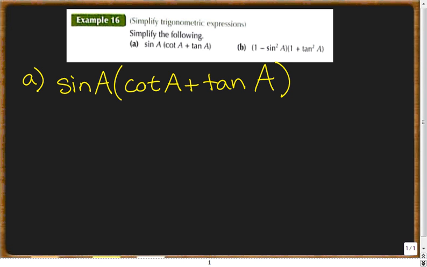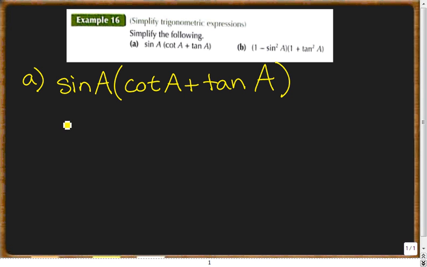So what I'm going to choose to do is simplify this at first by turning these two terms into one by adding them together. Well, cotangent and tangent, we don't know what their sum is. So one thing you can always think to do is convert everything to sine and cosine.